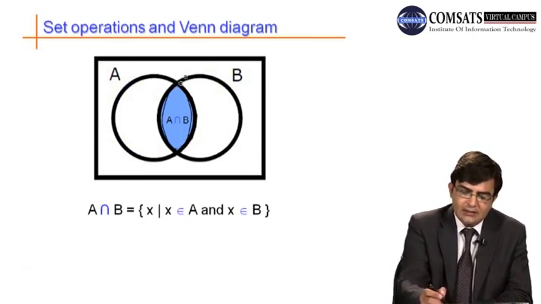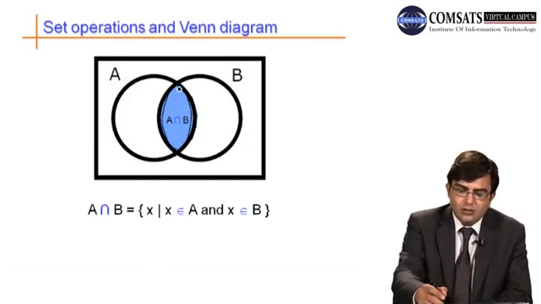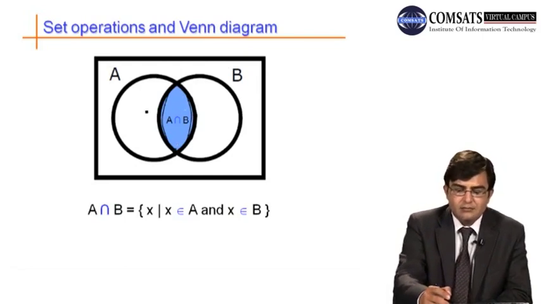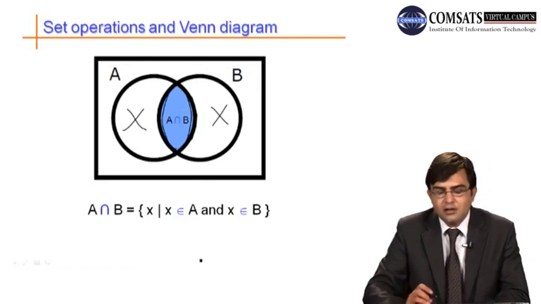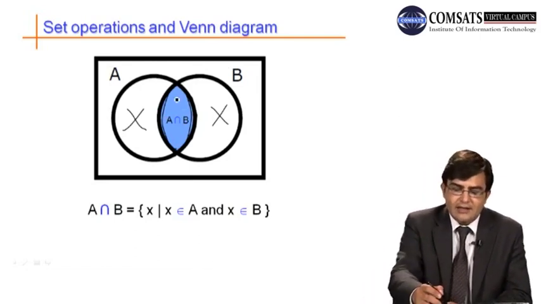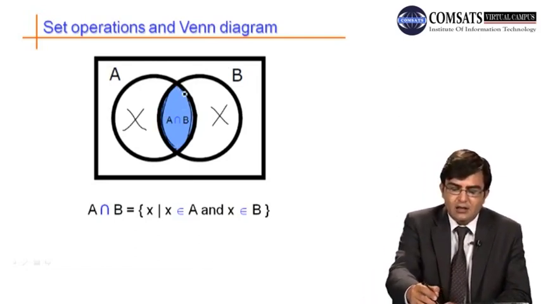Basically, this is the common region of A and B, and the intersection contains only this region. This region is not in the intersection, and this region is also not in the intersection. The intersection of A and B only contains this region.